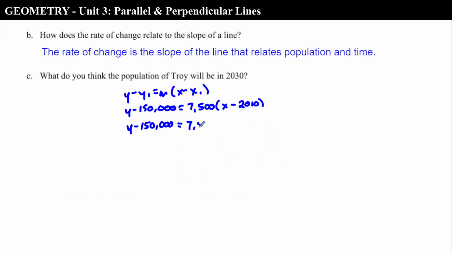So we have 7,500x minus 15,075,000. And again, you can use your calculator for things like this. So y equals 7,500x minus 14,925,000.